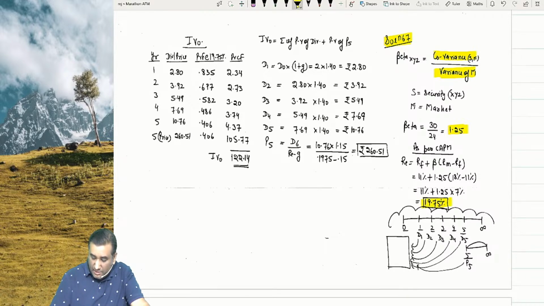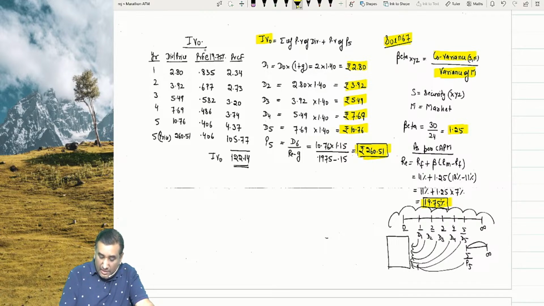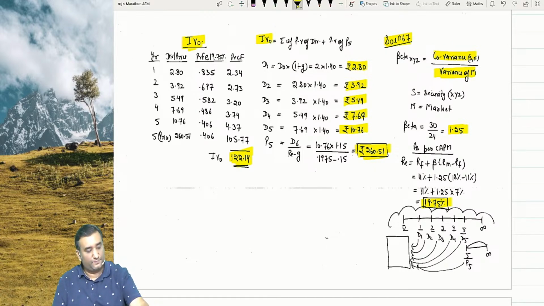Then you calculate RE 19.75. Intrinsic value 0 is nothing but D1. You calculate 4.5, P5, and intrinsic value 0 would be 120.